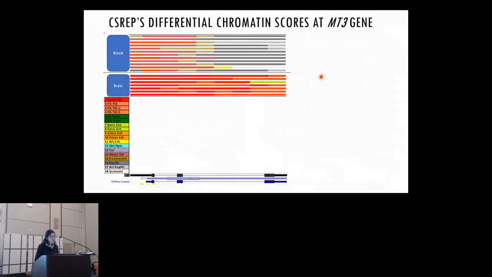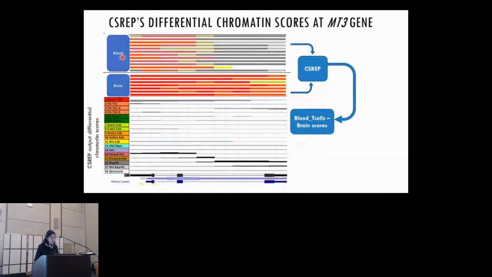Next, I'm showing an example output of differential chromatin score at the AMT3 gene. This is the input chromatin state annotations for 7 brain samples and 12 blood samples. And we pass these through CS-REP to generate the differential chromatin score. You can see, for example, this top track right here is the differential score with respect to state 1, active transcription start site.